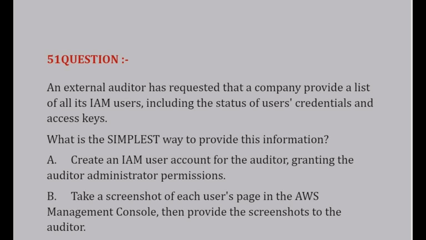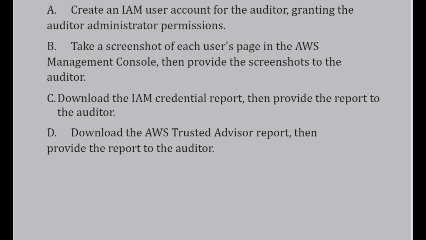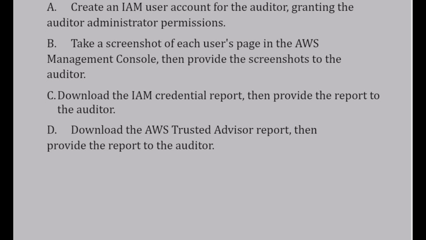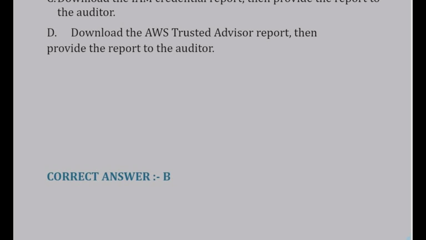Option B take a screenshot of each user's page in the AWS Management Console, then provide the screenshots to the auditor. Option C download the IAM credential report, then provide the report to the auditor. Option D download the AWS Trusted Advisor report, then provide the report to the auditor. Correct answer is option B.